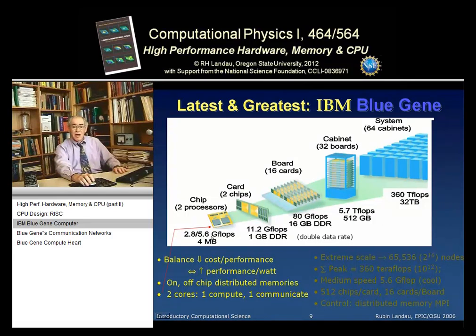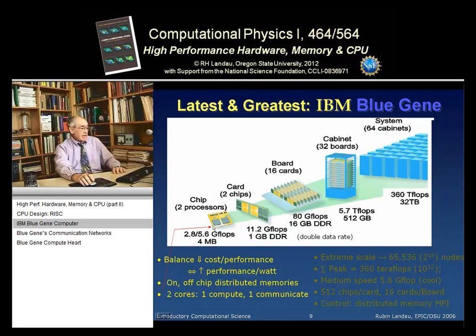It's not a cycle time, which doesn't mean very much, because what really matters is how long it takes to do a floating point operation, an add or multiply with floating point numbers, because that's what scientists use. So this can do 2.8 billion of them, 10 to the 9th. That's a lot. And on the chip itself, there's 4 megabytes of memory, which is a good amount of memory.